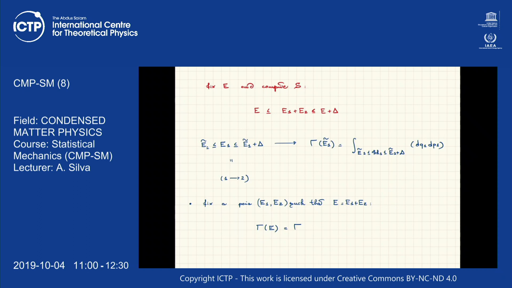So it would be equal to gamma of E1 times gamma of E2, defined as above.